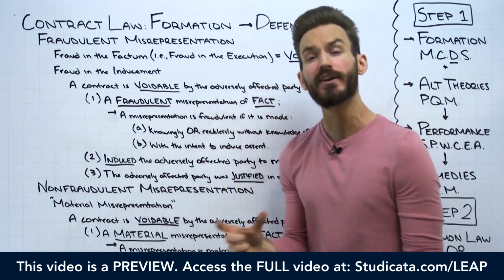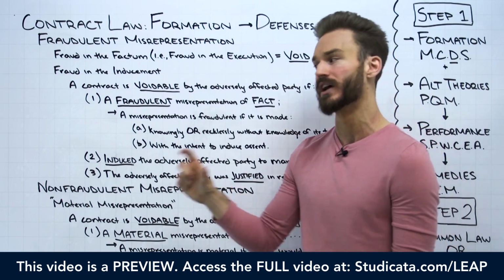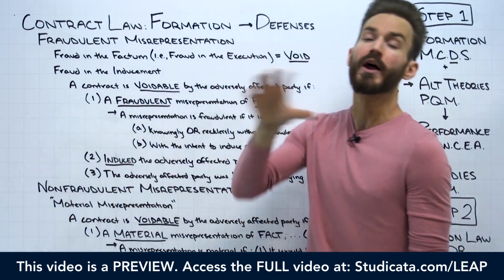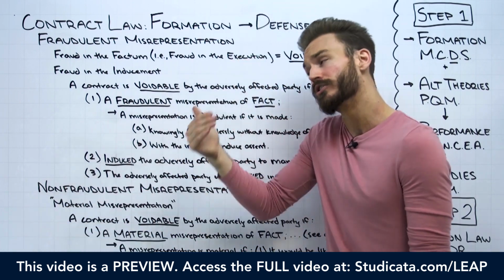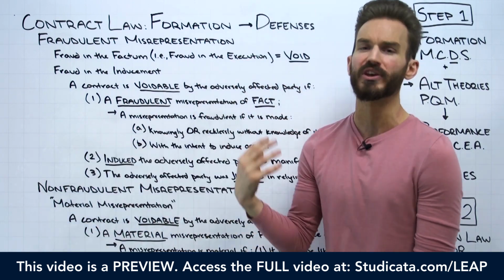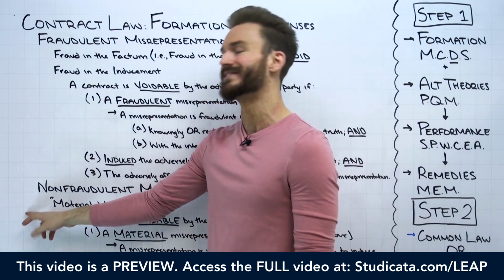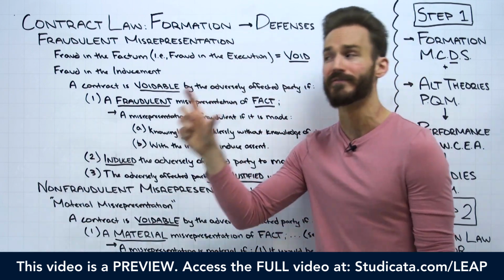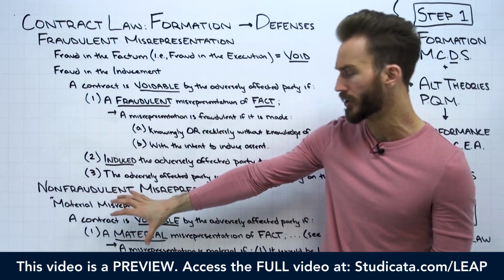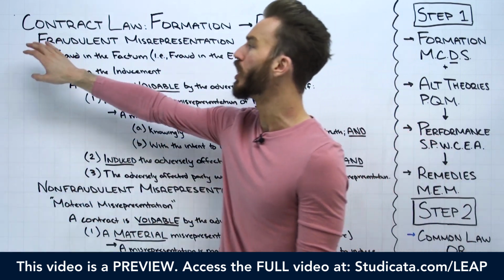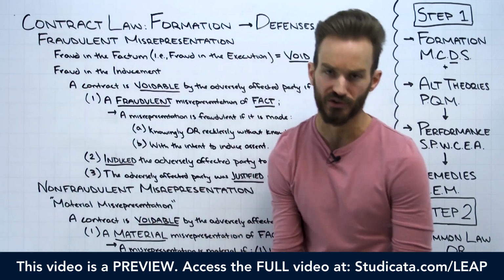They believe that their assertion of fact that is not true to be 100% true. At the time they make the statement, they think they're telling the truth. But of course, it turns out that what they said was actually an assertion of fact that was not true. So we'll come back to non-fraudulent misrepresentation. Let's start with fraudulent misrepresentation.